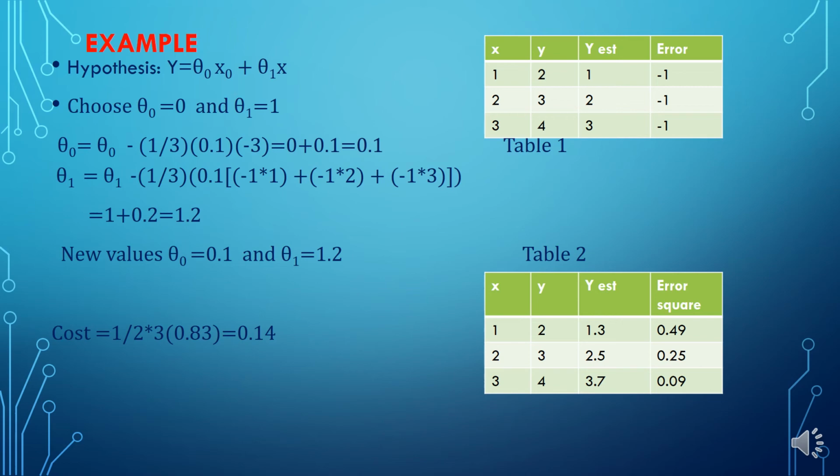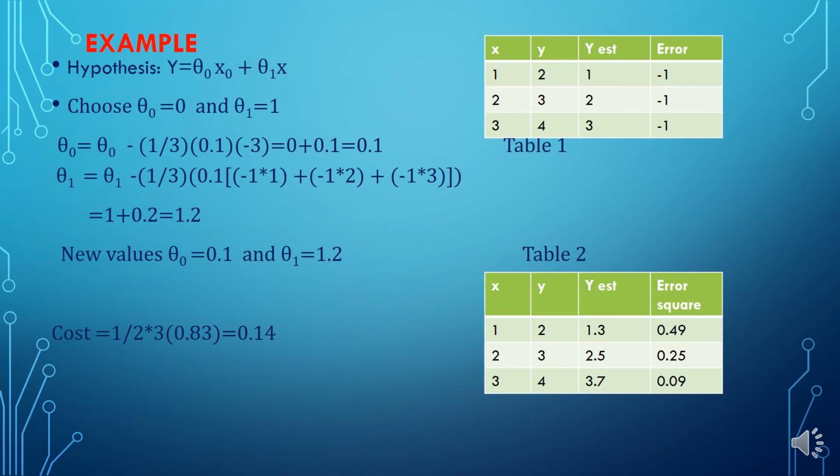The total error works out to be 0.83. So the cost is 0.83 divided by twice the number of training examples, that is 2 into 3, which is equal to 0.14. So our cost is 0.14 when we choose theta naught is equal to 0.1 and theta 1 is equal to 1.2.